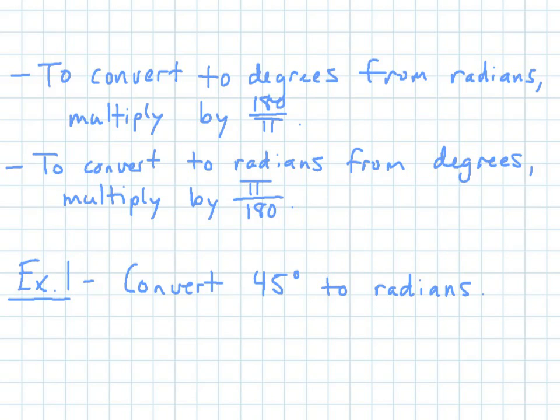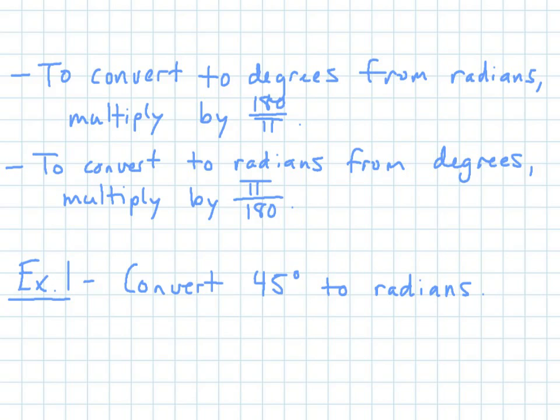Here I want to be able to convert radians to degrees, and that means I need to multiply my radian measurement by 180 over pi. To get from degrees to radians, I need to multiply by pi over 180.